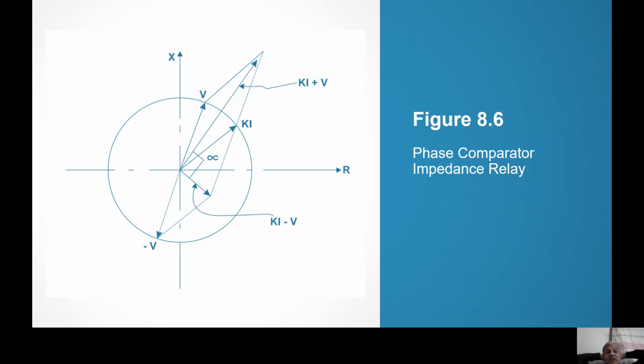Therefore, alpha is 90 degrees. So for a phase comparator impedance relay, when the two quantities that you feed are at 90 degrees, the relay is under threshold condition. The relay will neither operate nor not operate.